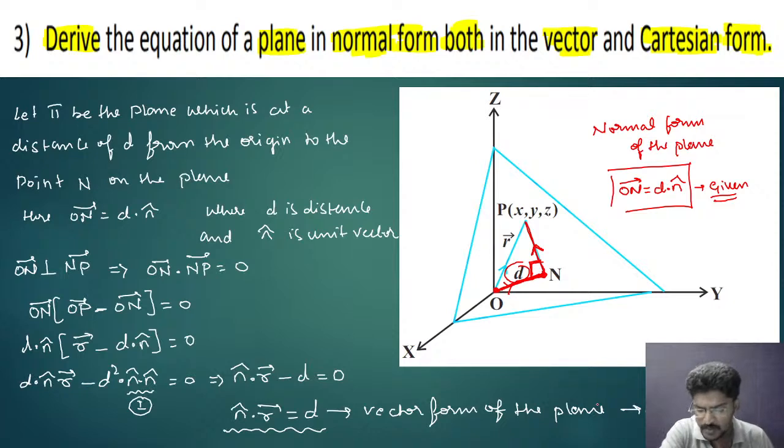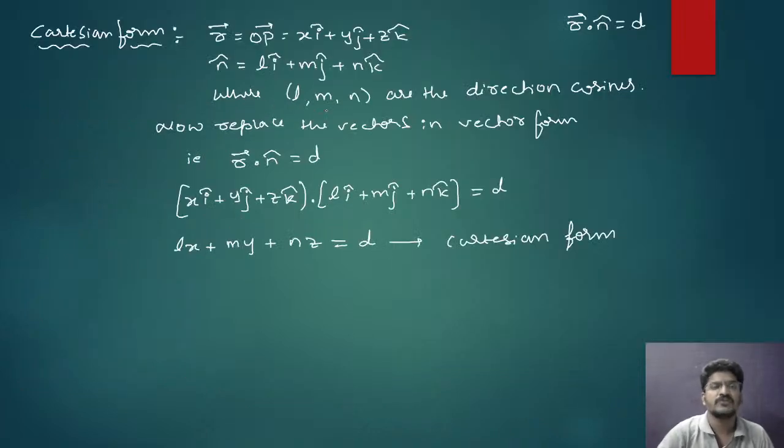So after vector form of the plane, come to Cartesian form of the plane. Replace r and n in the vector form. If you replace that, that will be lx plus my plus nz equal to d. That is going to be your Cartesian form. Hence, this is your theorem. Okay.